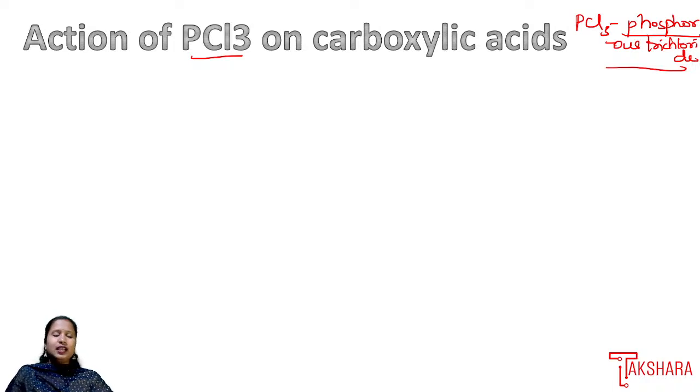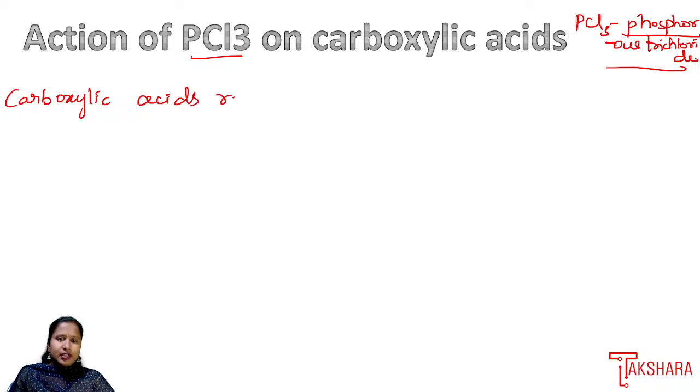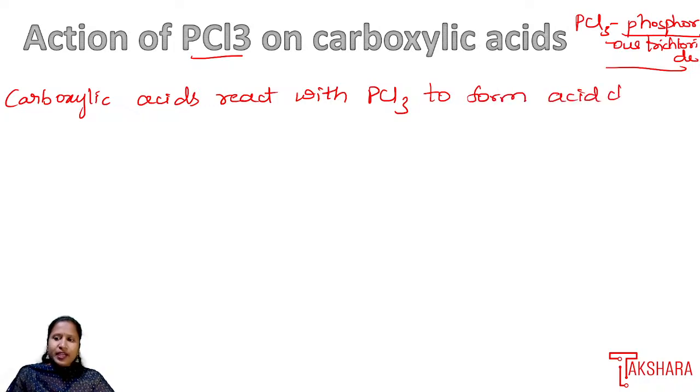So when carboxylic acids react with PCl3, phosphorus trichloride, they form the corresponding acid chlorides. So we get the respective acid chlorides. When carboxylic acids react with PCl3 to form what? Acid chlorides are going to form.